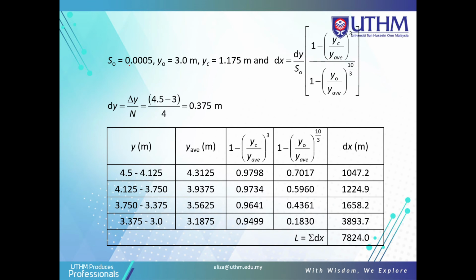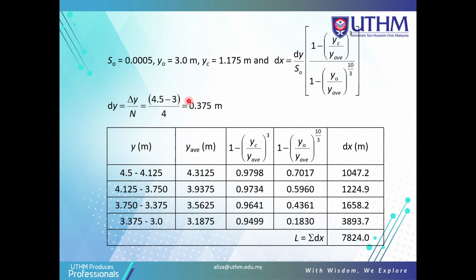We know that S naught is 0.005, y naught is 3, yc is 1.175, and x is the y over S naught. So we use this equation. dy over n: y goes from 3 to 4.5, so 4.5 minus 3, divided by 4 steps.